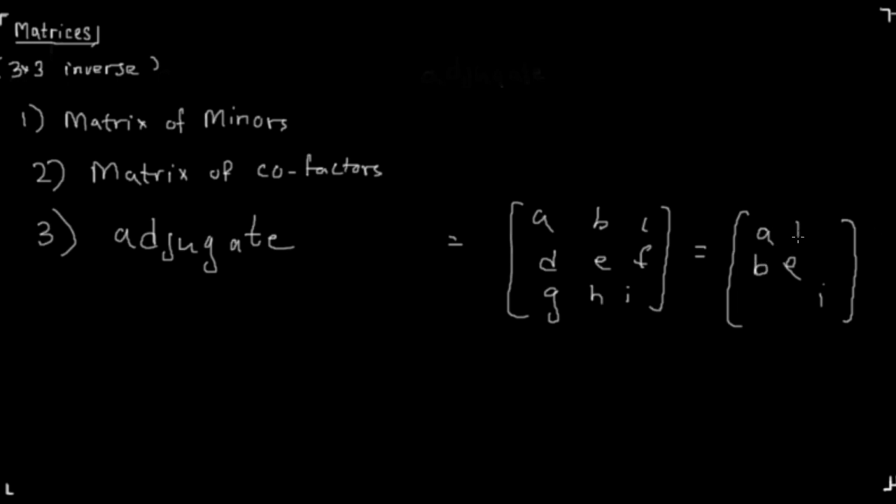So B, D, then C. Sorry. Okay. C and G are going to swap. So C, G, and F and H are going to swap. So F, H. So this is what it would equal to.